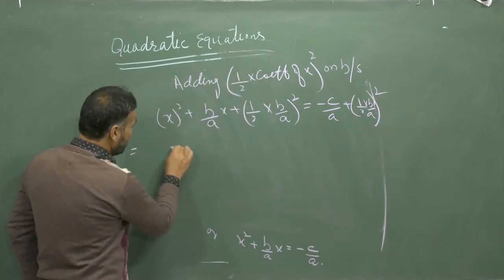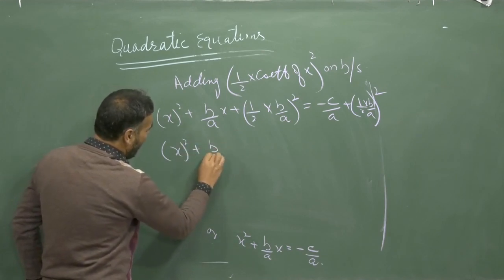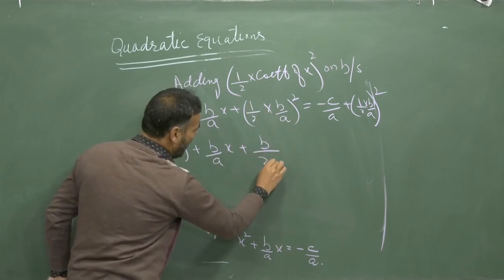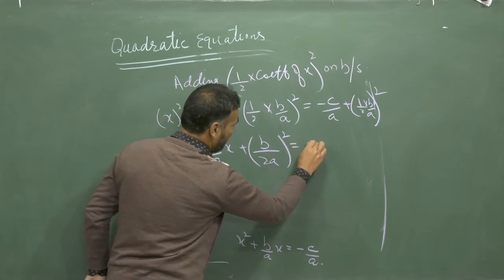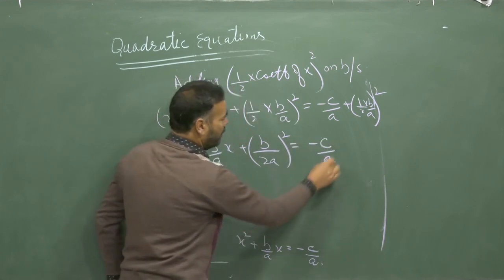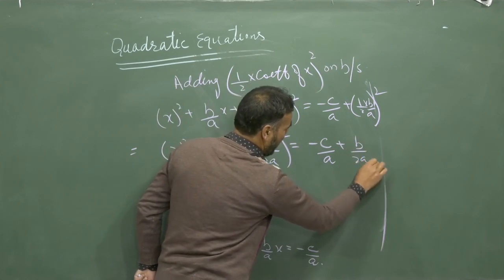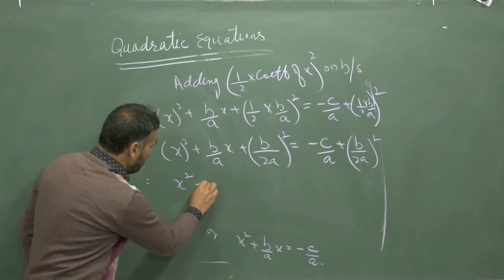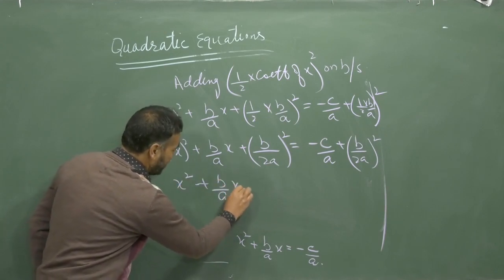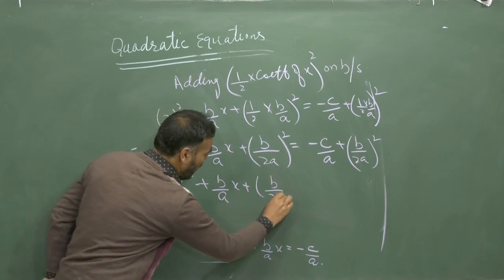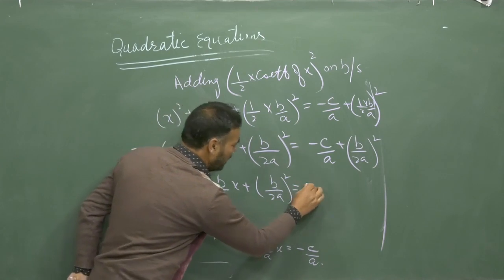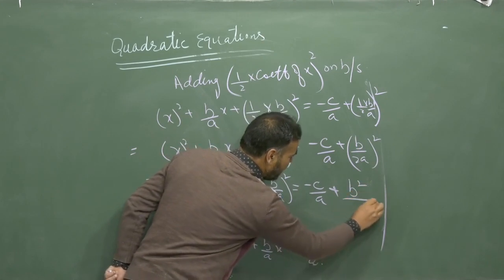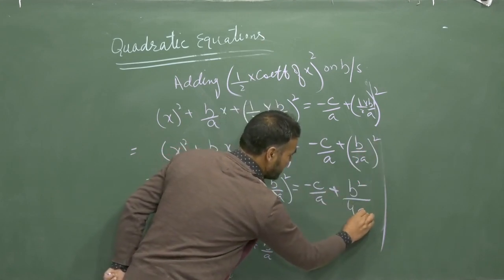Can we say it is x² + (b/a)x + (b/2a)² = -c/a + (b/2a)². We can say it is x² + (b/a)x + (b/2a)² = -c/a + b²/4a², since 2 squared is 4 and it is a².